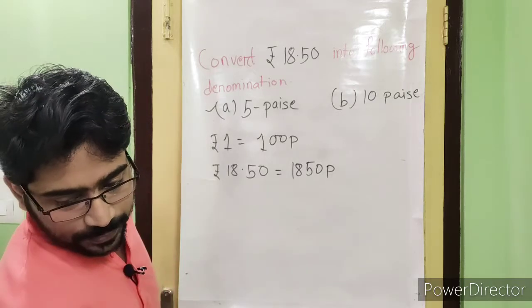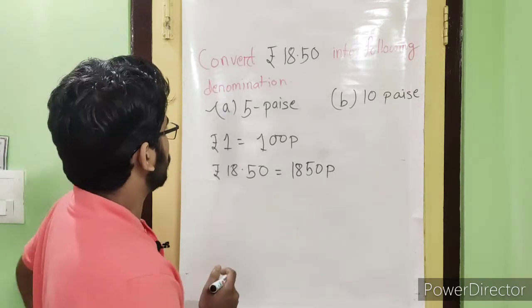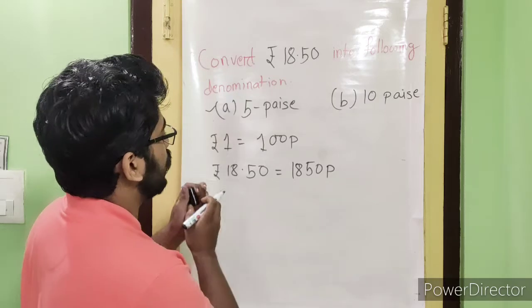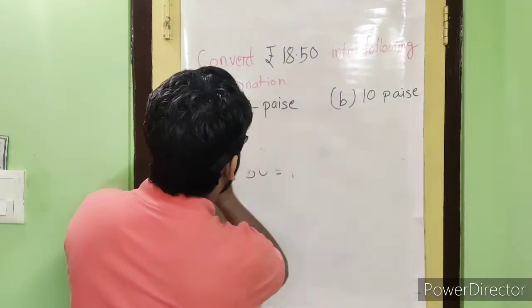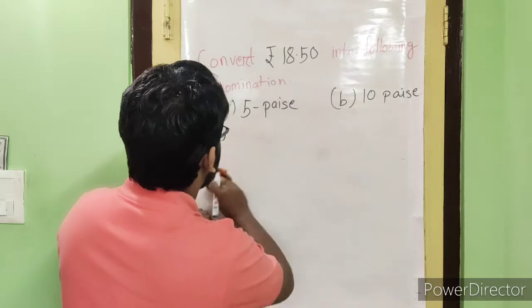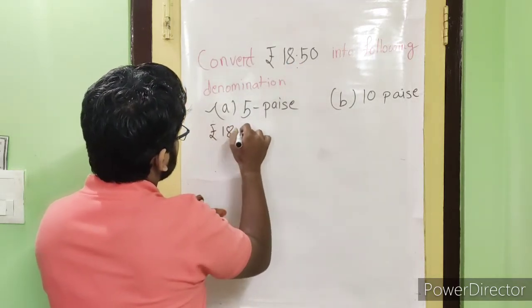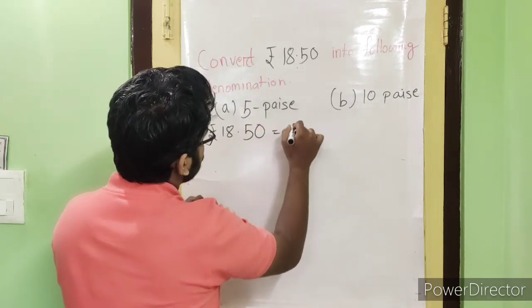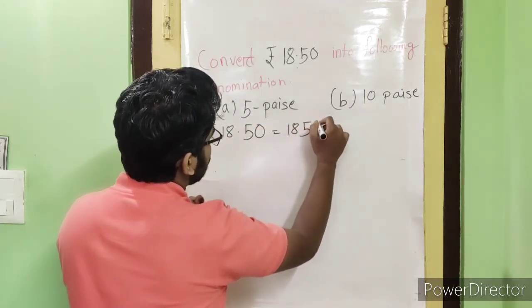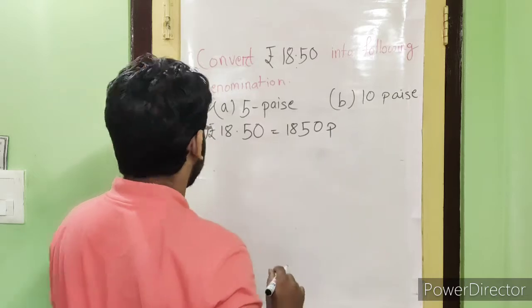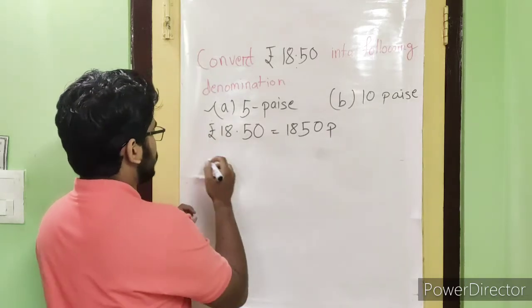Now how will we do this? We know rupees 18.50 equals 1850 paise. Now how many 5 paise coins are there?